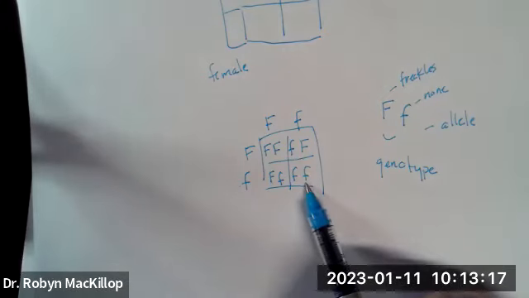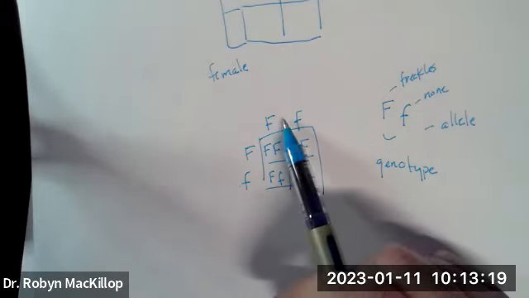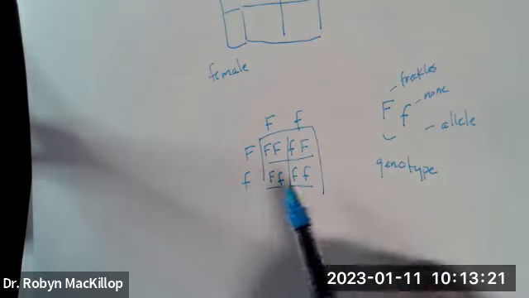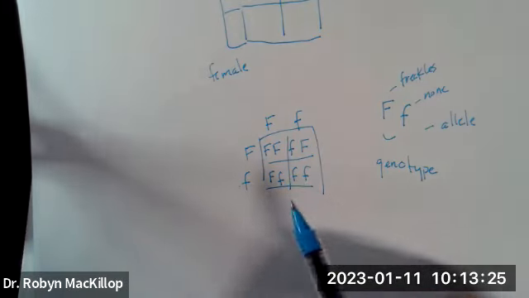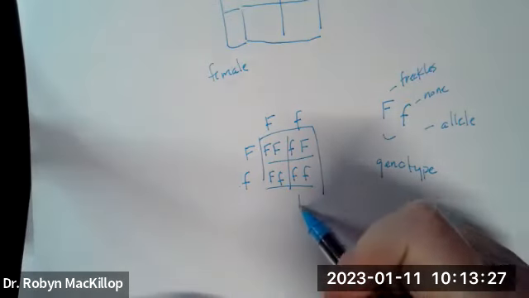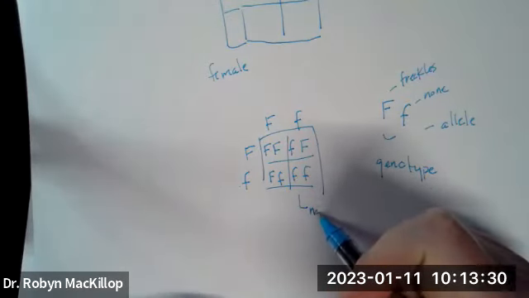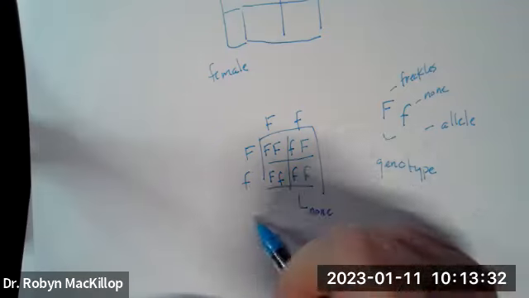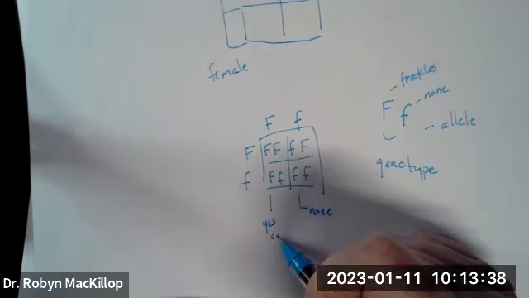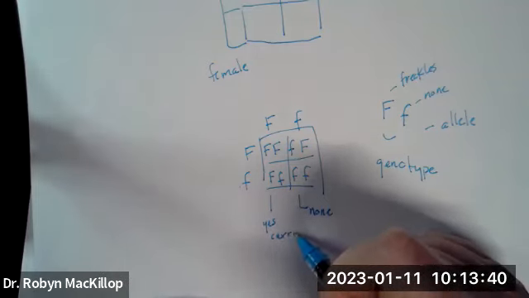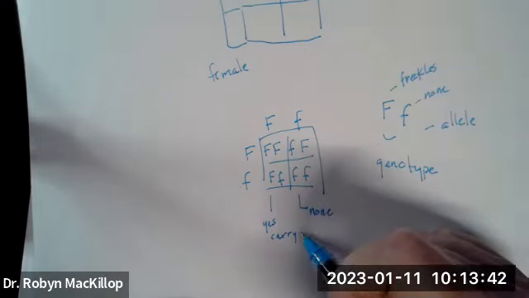Now, the fourth kiddo gets a recessive from dad and from mom. This kiddo has no freckles. Yes, we can see them, but they carry the recessive gene, which means they can pass on no freckles.